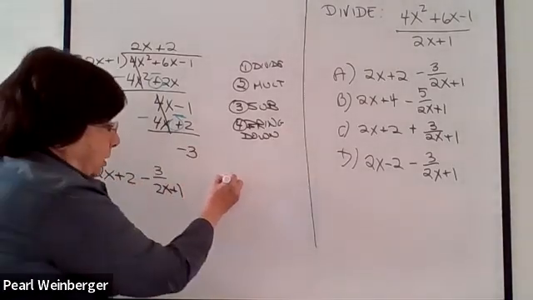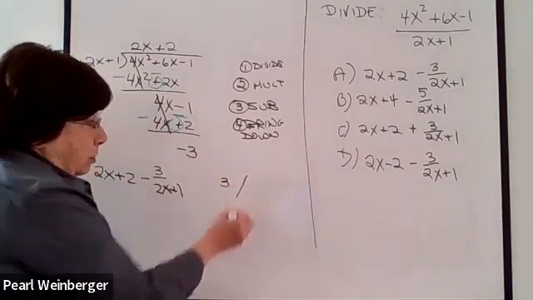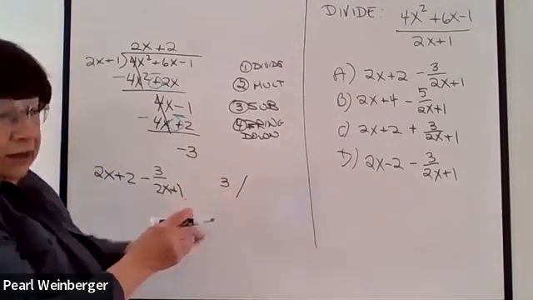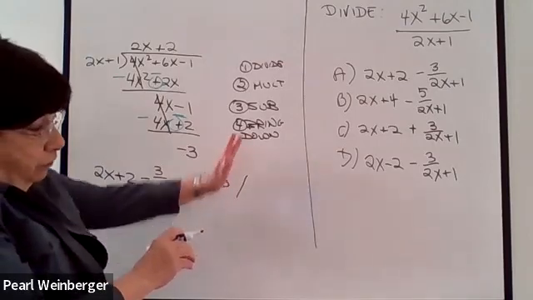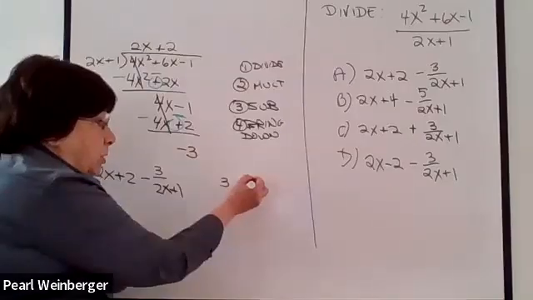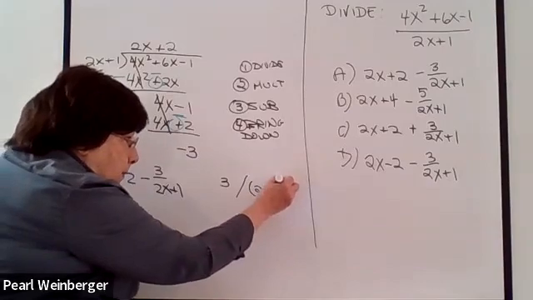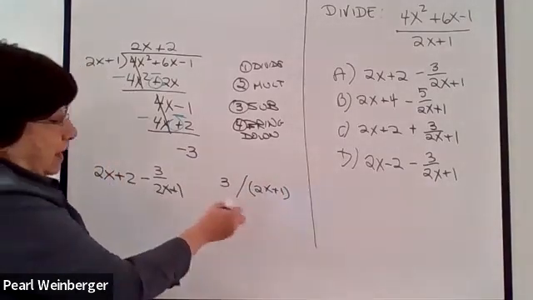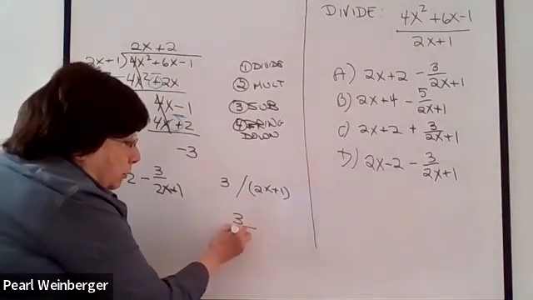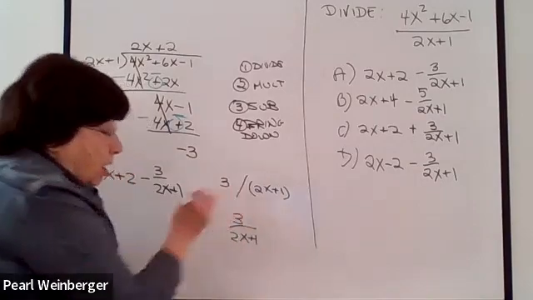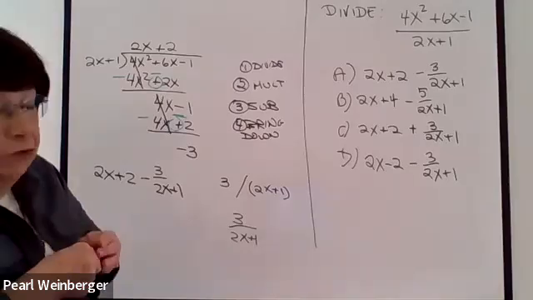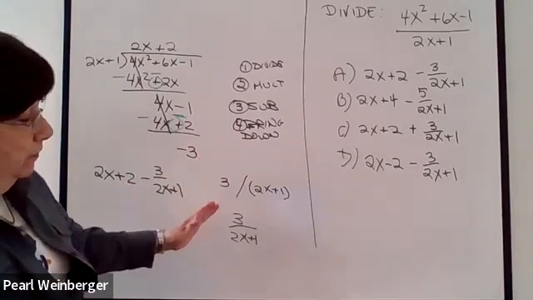I would do 3, then you put in your slant line, your forward slash, and then I would put a parentheses and write the 2x plus 1. And then you'll see it'll pop up as 3 over 2x plus 1. All right. Okay, so the forward slash is instead of the fraction line.